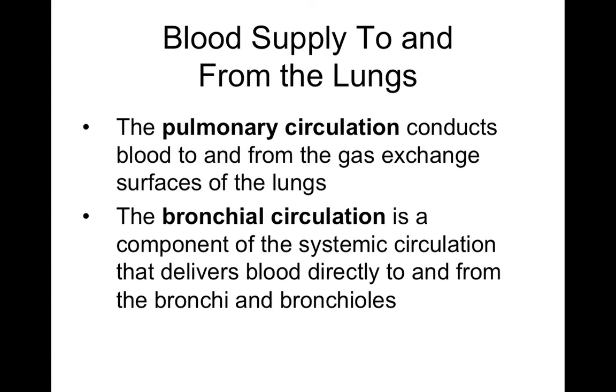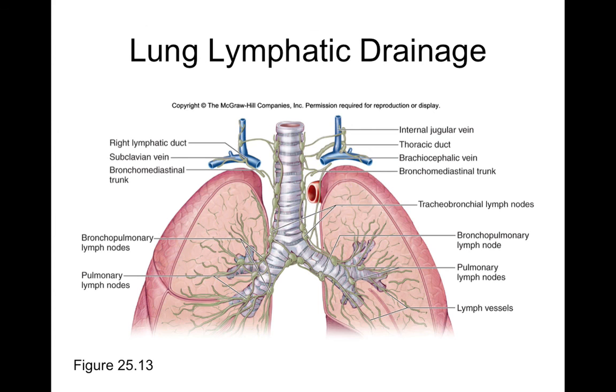Other parts of the conducting system of your lower respiratory tract get their blood supply from bronchial circulation. It's part of your systemic circulation, not pulmonary, because these are branches of the thoracic aorta that come right off the aorta and bring oxygenated blood to the lungs itself.